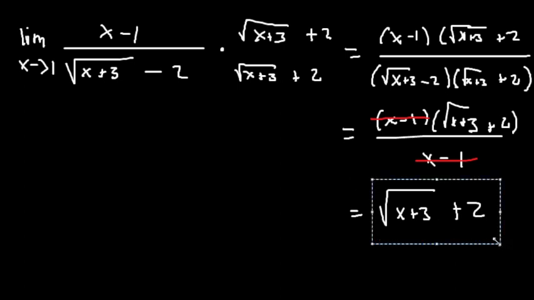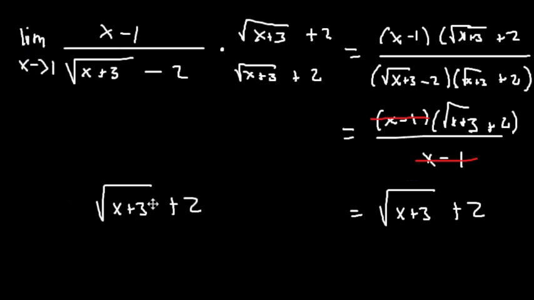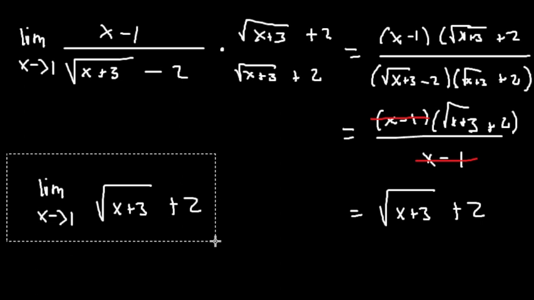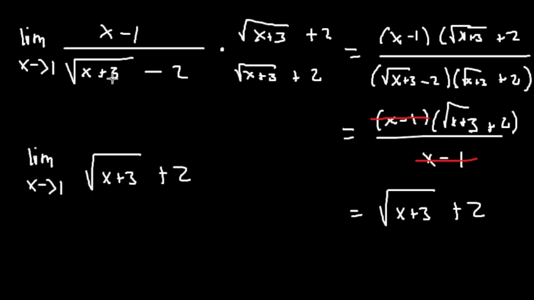We can now use this to find the limit as x approaches 1. Obviously, this function is the rationalized form of the original one, so it will give the same answer. As x approaches 1, let's just substitute x. It will be just the square root of 1 plus 3, plus 2.